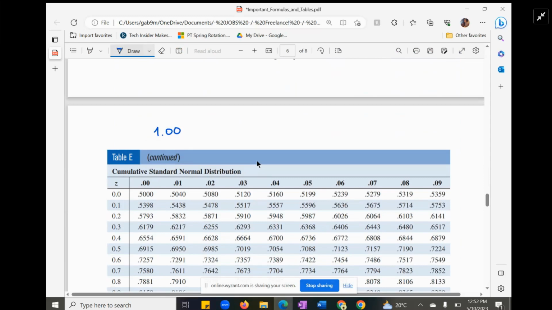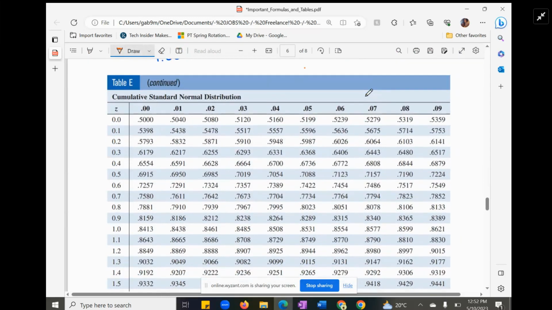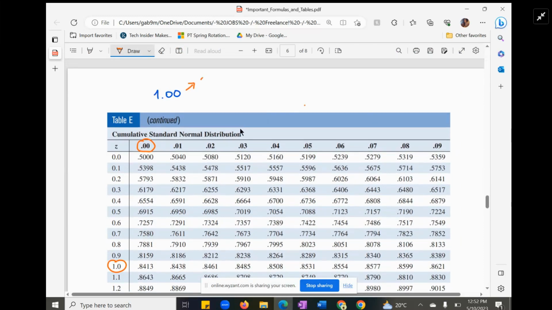Let me use a different color. All right. So if you've ever used a chart, this should look familiar. But what we're doing is we're taking the z-score, breaking it up into two parts. That is 1.0, okay? Pretty much the ones place with the tenths place. And then the other part is the hundredths place, okay?